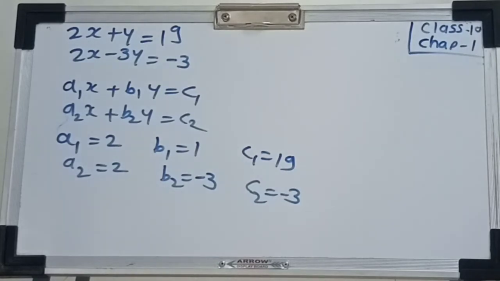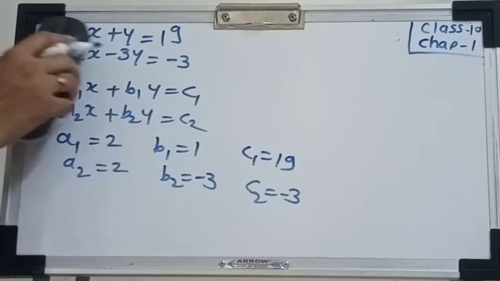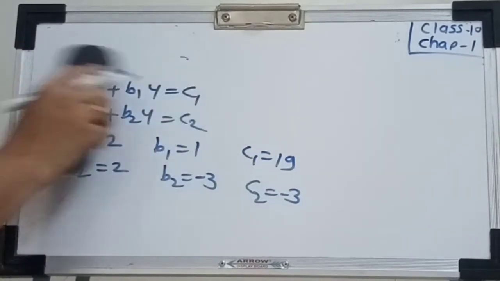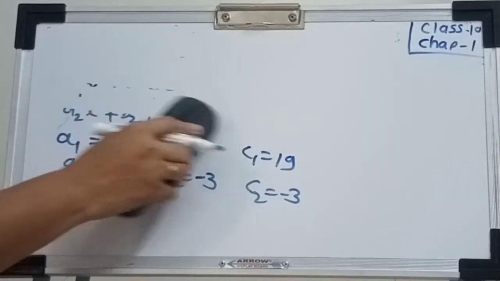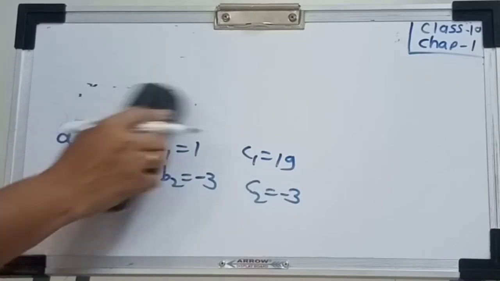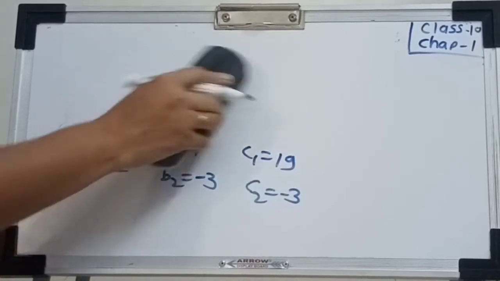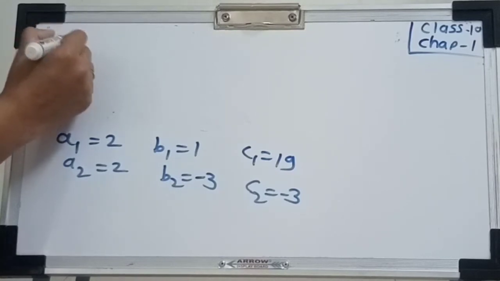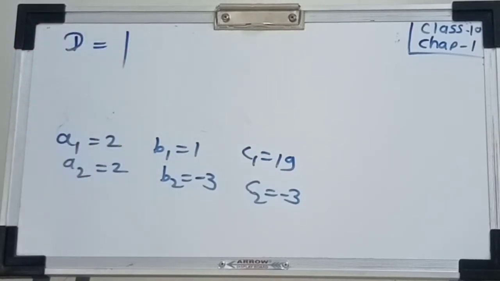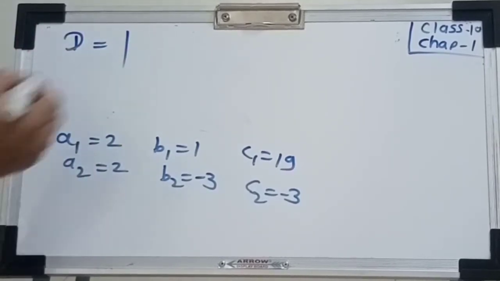Now first we find determinant D. Determinant D is equal to a1, a2, b1, b2, which is our formula.